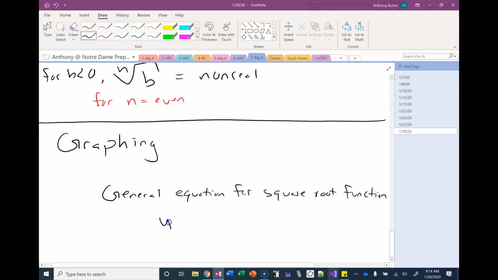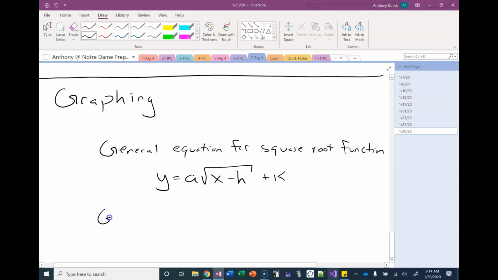So the general equation for a square root function is a times the square root of x minus h plus k. And for a cube root function, it's the same thing, but we're going to have a cube root there instead of a square root.